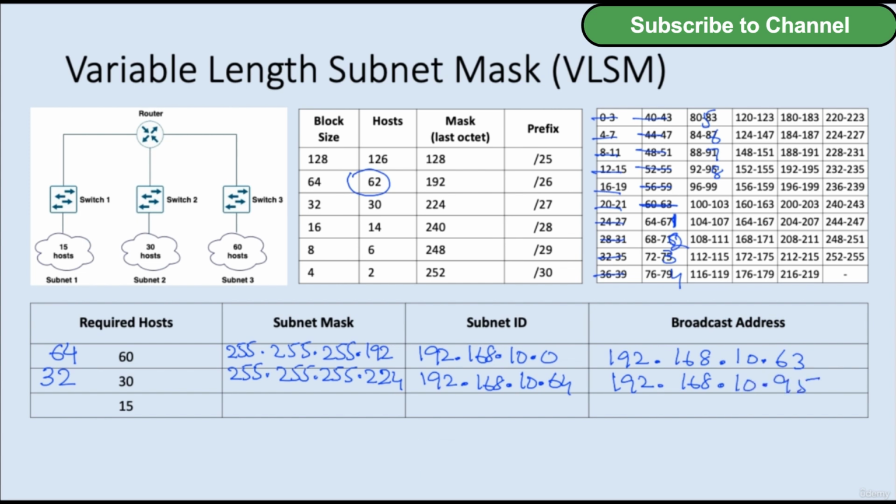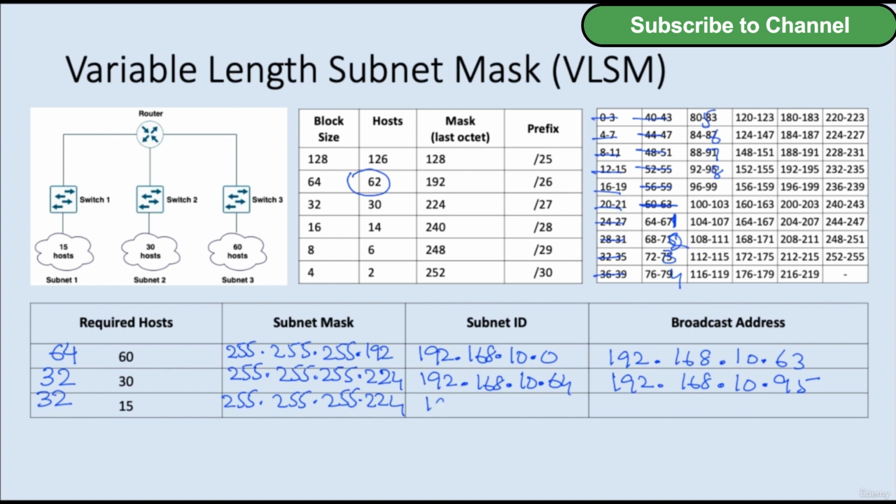And then I need a block for 15 hosts. I cannot give exactly 15 host addresses, so I have to compromise on 30 addresses. For that, I will use a block of 32. The subnet mask will be 255.255.255.224.